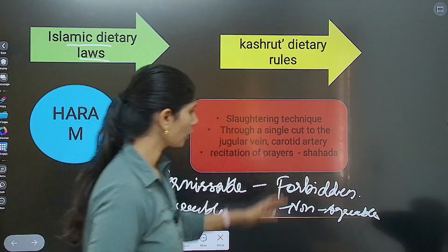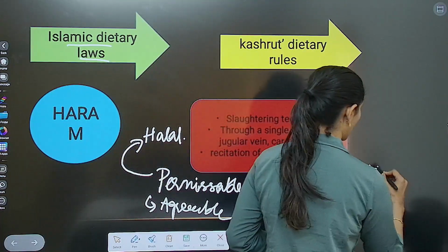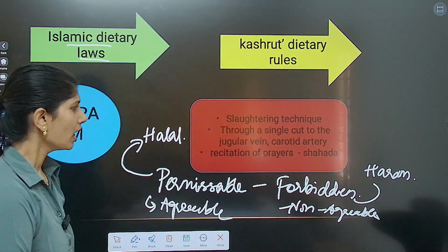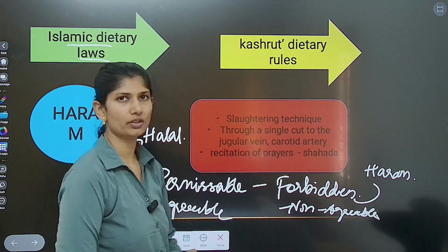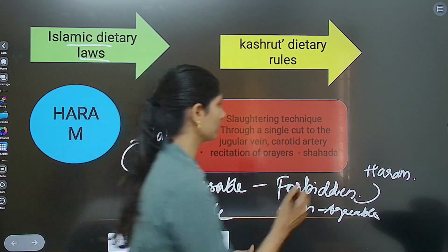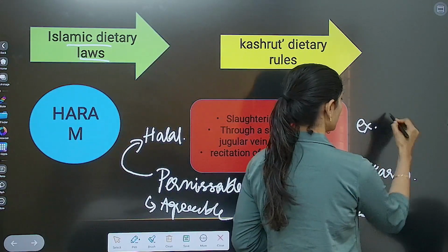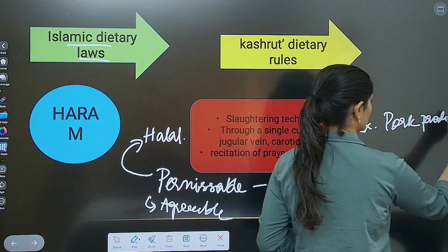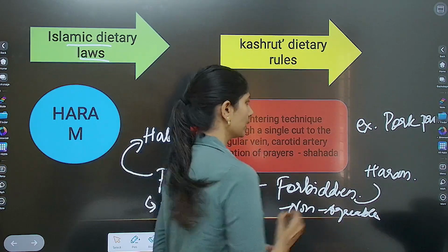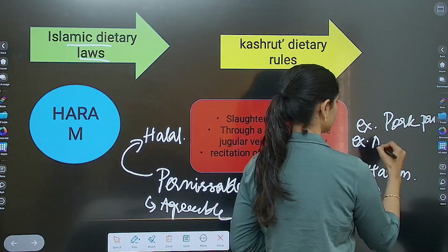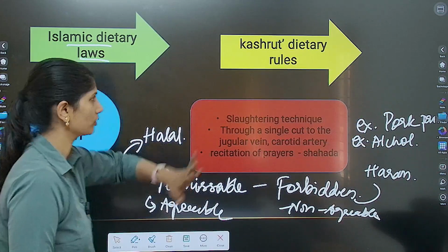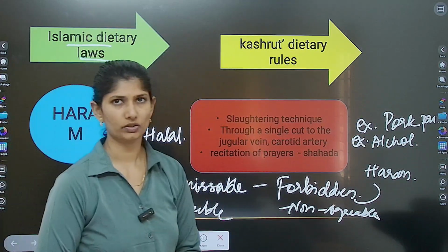For the things that are forbidden or non-agreeable, it is haram. Understanding? Now, the main things that come under haram, that is forbidden or non-agreeable, are, for example, pork products and alcohol. These things are not permissible under Islamic dietary laws.